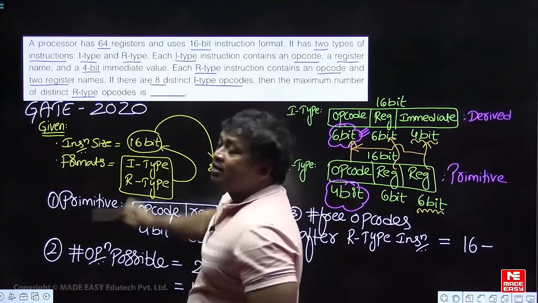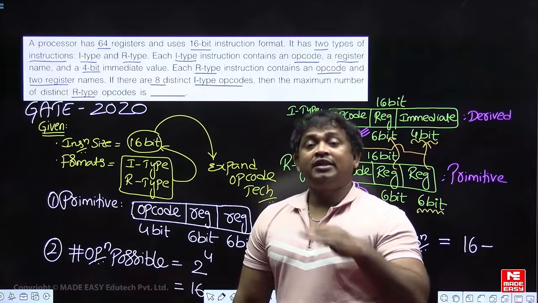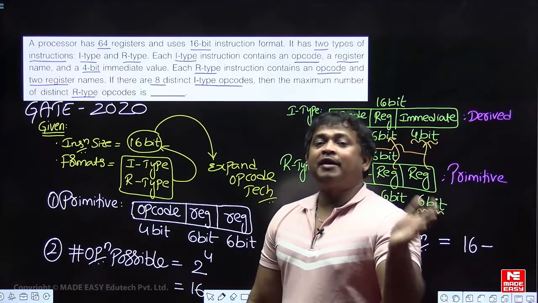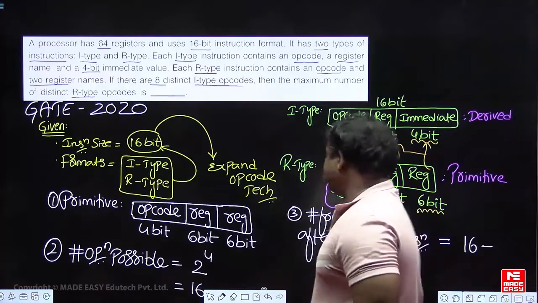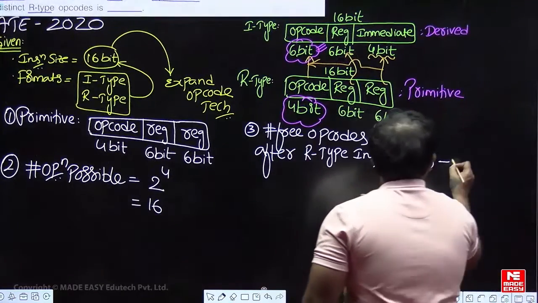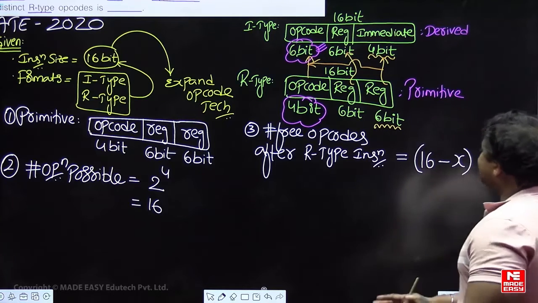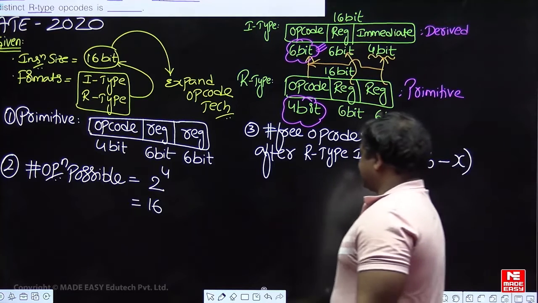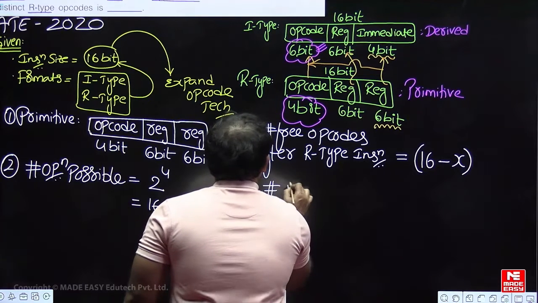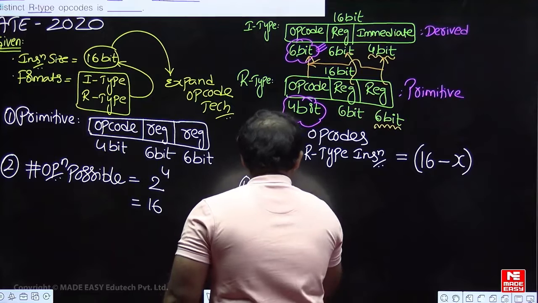In this question, the R-type instructions are not given. We need to find that out. So assume X R-type instructions exist. Then finding the X value is the answer. So the number of free opcodes is the total number of opcodes minus X, where X is the existing R-type instructions.